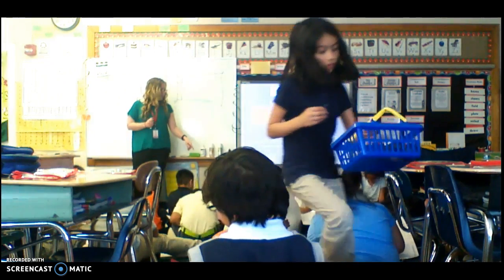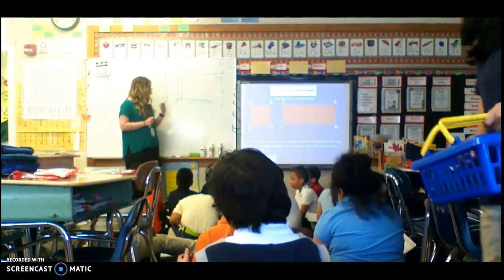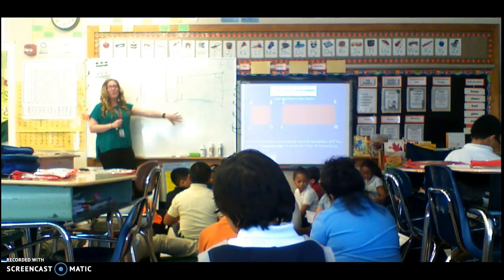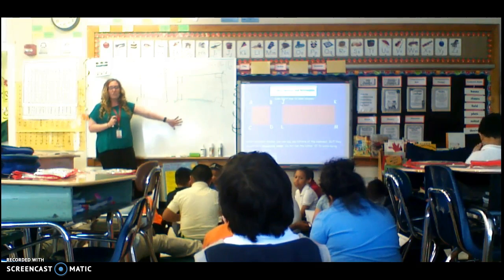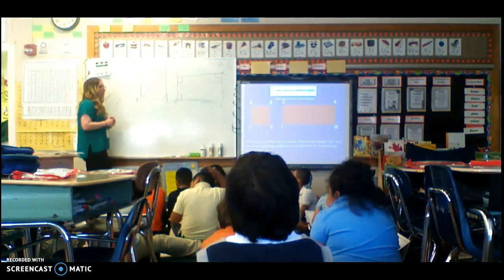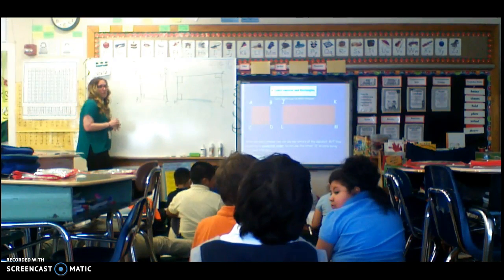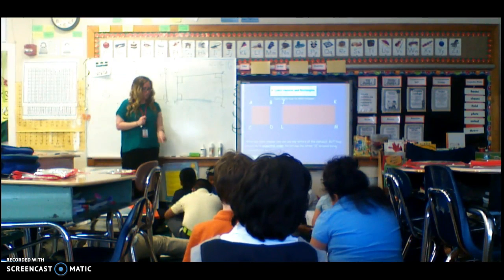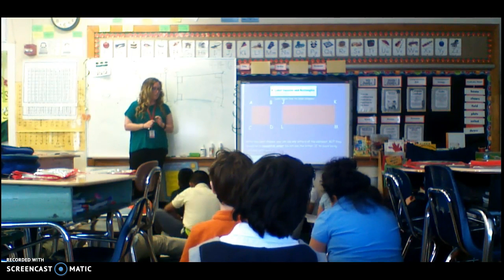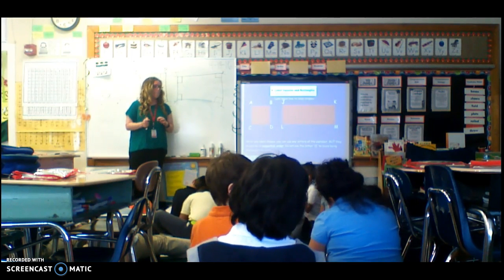So draw your square, and then you're going to draw a rectangle. And you can use any letters that you want, as long as you go in order, okay? So draw your rectangle, draw your square.